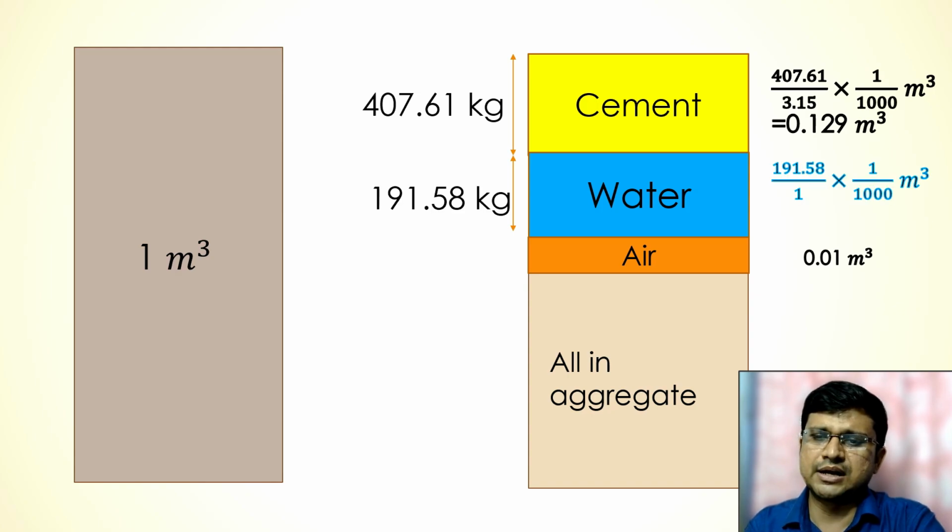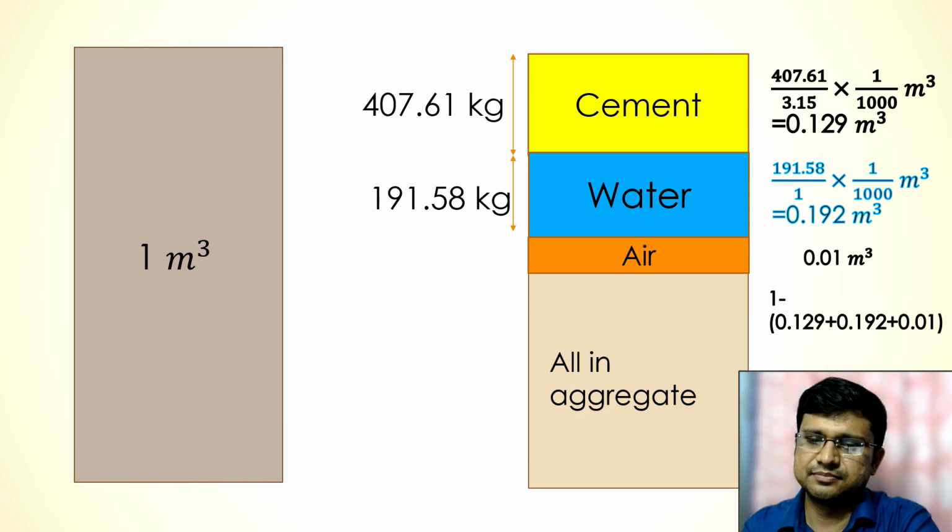Similarly, the volume of water will be 0.192 meter cube. Volume of air is 0.01 meter cube, 1%, and the rest will be all in aggregate. That means total 1 minus 0.129, 0.192, and 0.01. So the volume of all-in aggregate will be 0.669 meter cube.